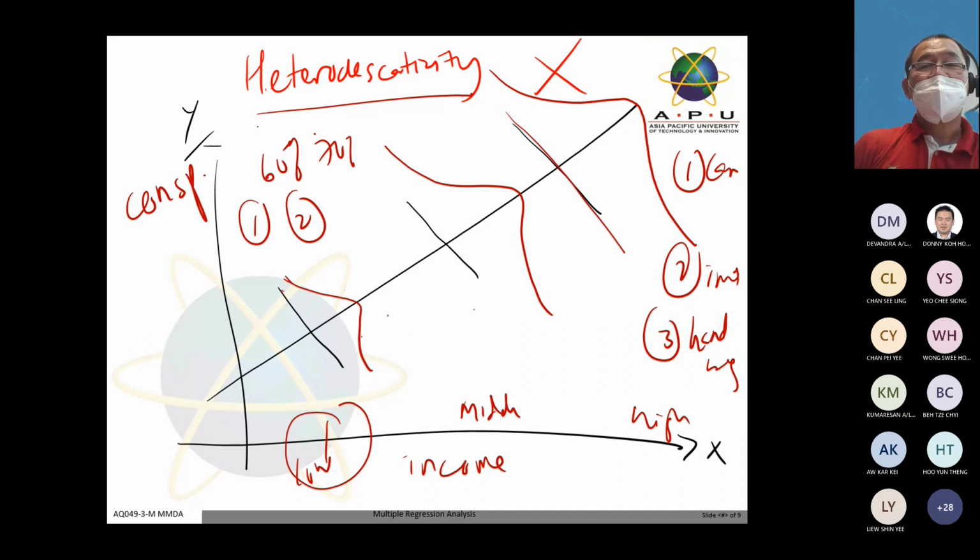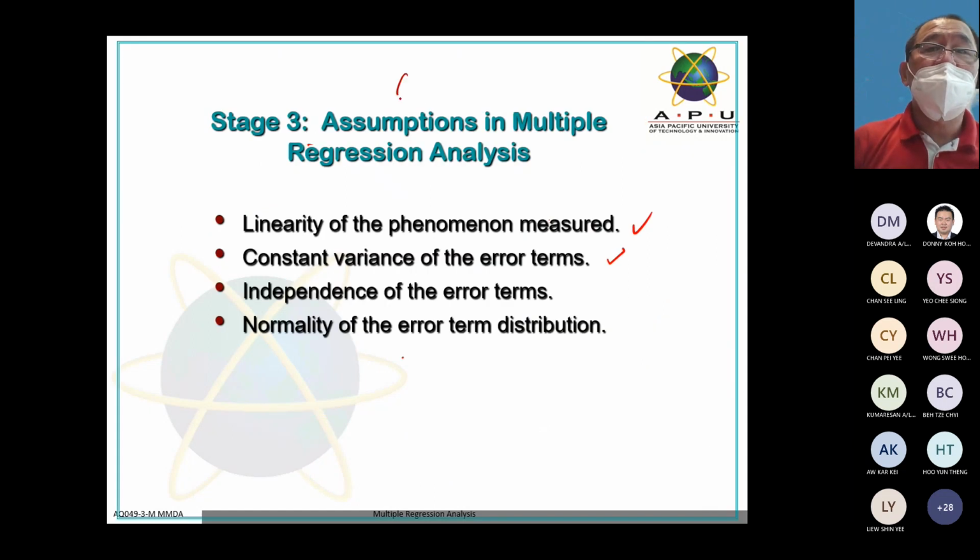And this is not yet considered two different clusters, because it's gradually increasing or decreasing. No cluster, we're not talking about clusters. We're talking about a problem under the classical linear regression model.